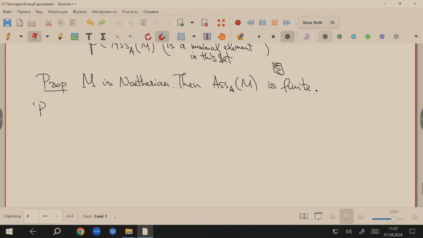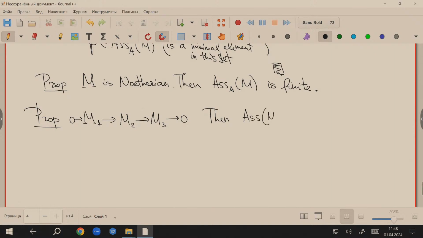Yeah, before proving this general statement, we shall prove the proposition. Suppose you have a short exact sequence. Then the set of associated primes of M2 is contained in the union of the set of associated primes of M1 and of M3.